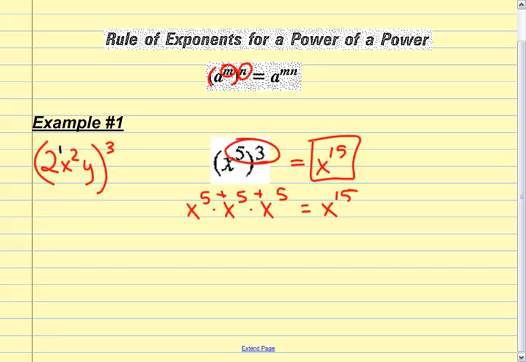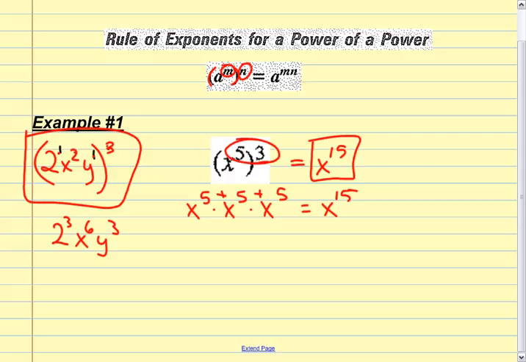Yes. And that the exponent of the y is 1? Yes. So this entire thing is equal to 2 to the 3 times 1, which is 3, x to the 3 times 2, which is 6, and y to the 3 times 1, which is 3.